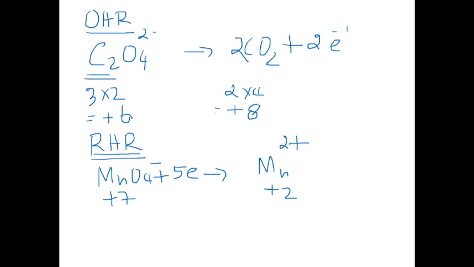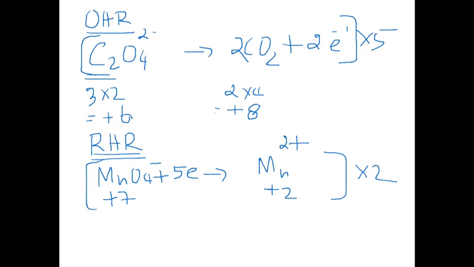And incidentally, the number of moles of electrons produced in the oxidation half reaction is 2, and the number of electrons required is 5. So it's an even number and an odd number. When you have such a case, multiply them by coefficients to make the numbers equal. So you're going to multiply the oxidation half reaction by 5 and the reduction half reaction by 2.